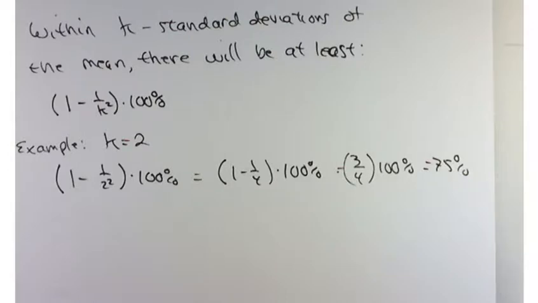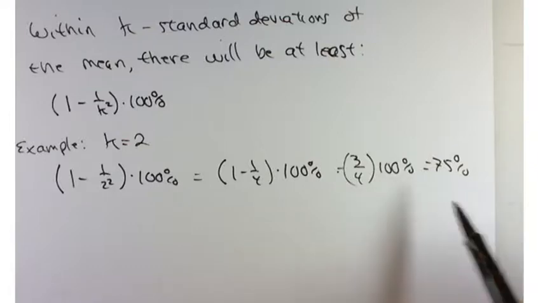So at least 75% of your data should be within 2 standard deviations of the mean in any data set. No matter how crazy it looks, you're guaranteed that at least that much will be within 2 standard deviations of the mean.